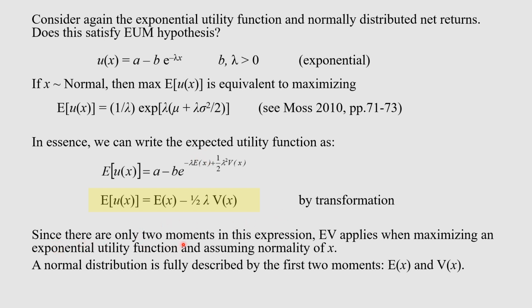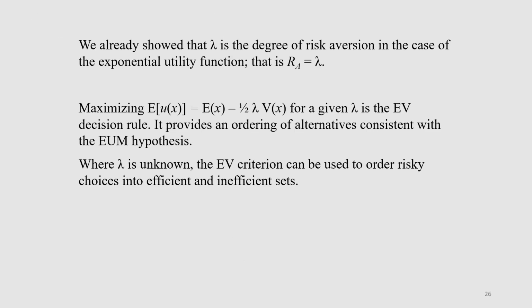Since there are only two moments in this expression, the mean variance (EV) model applies when maximizing an exponential utility function and assuming normality of x. A normal distribution is fully described by two moments, the mean, E of x, and the variance, V of x.